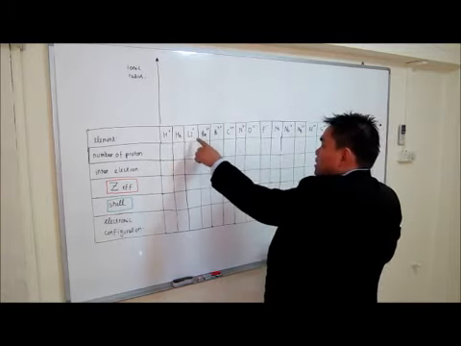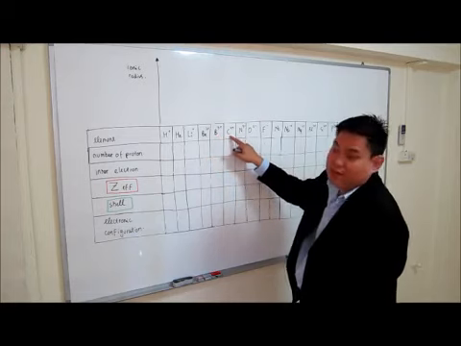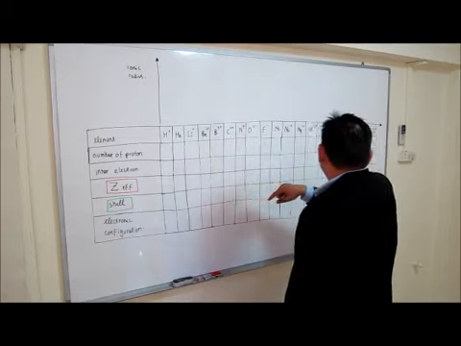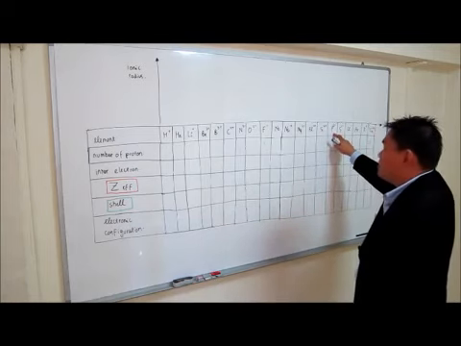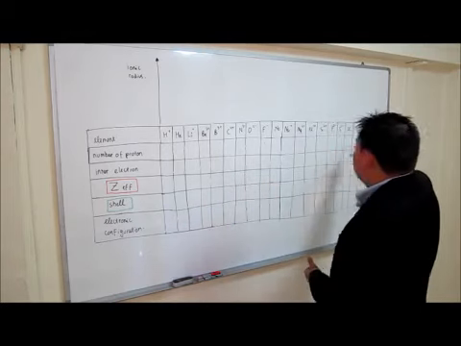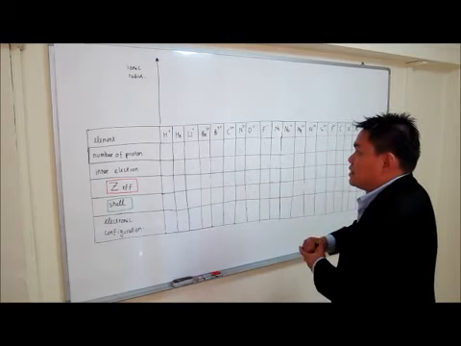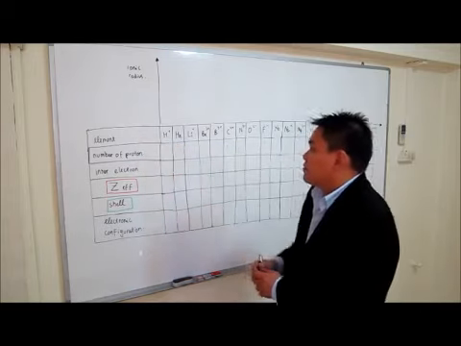H is +1, lithium is 1 plus, beryllium is 2 plus, boron is 3 plus, carbon is 4 plus, and so on. You're going to have silicon 4 plus and phosphorus 3 minus. Yeah, that's how you fill up the name of the element or the ions here.